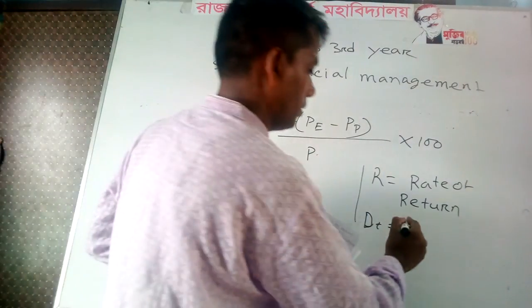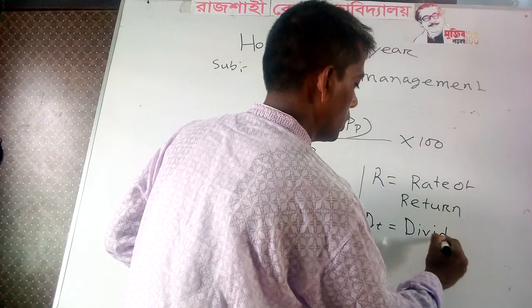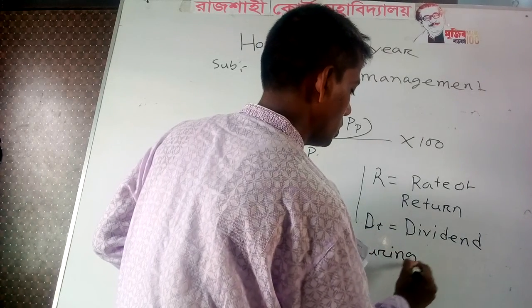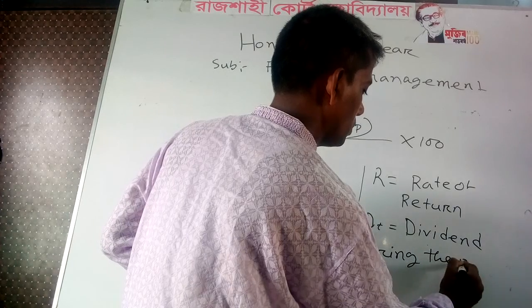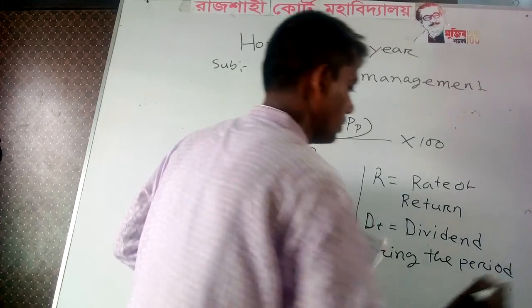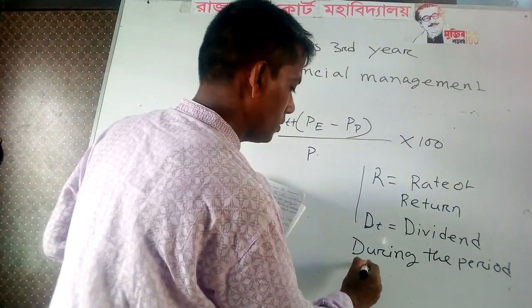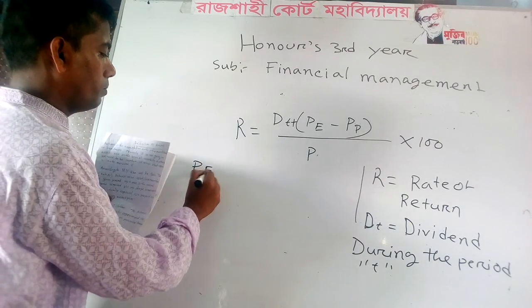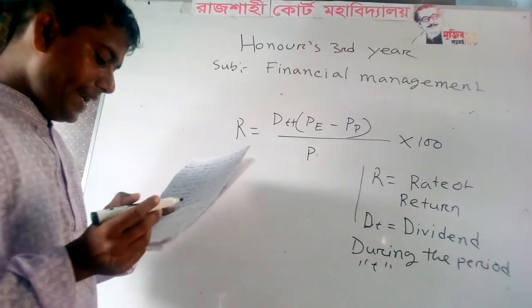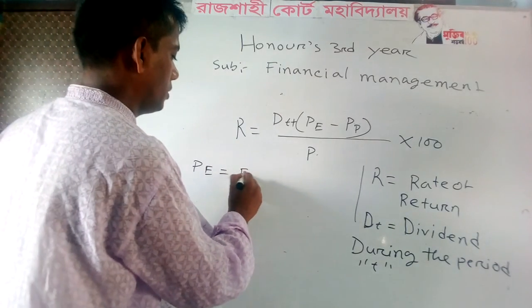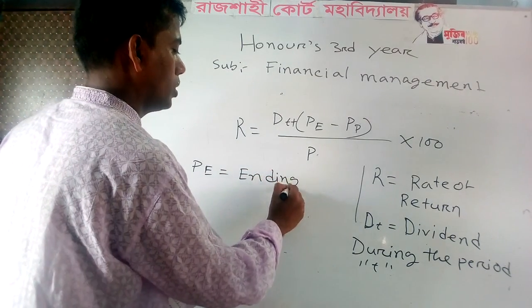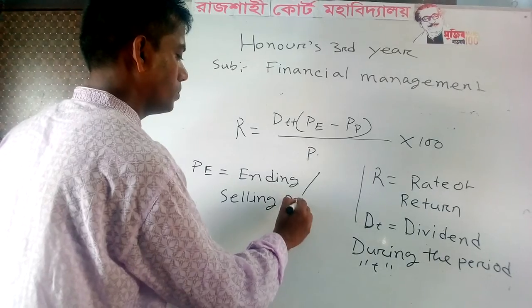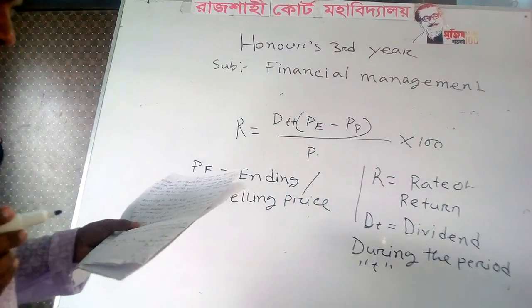Dt is the dividend during the period. PE is the ending or selling price.